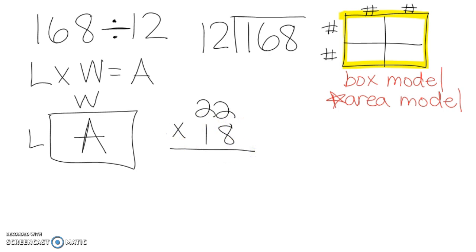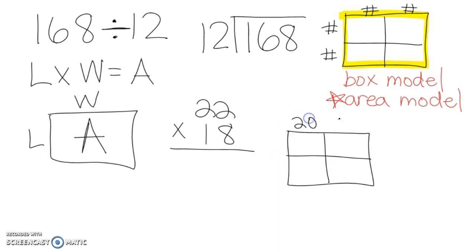Okay, well, in 4th grade, I would have written 22 in expanded form, 20 and 2, and then I would have written 18 in expanded form, which would have been 10 and 8. And we know that expanded form is when we write a number based on its place value. Then I would have multiplied 10 times 20 and gotten 200.